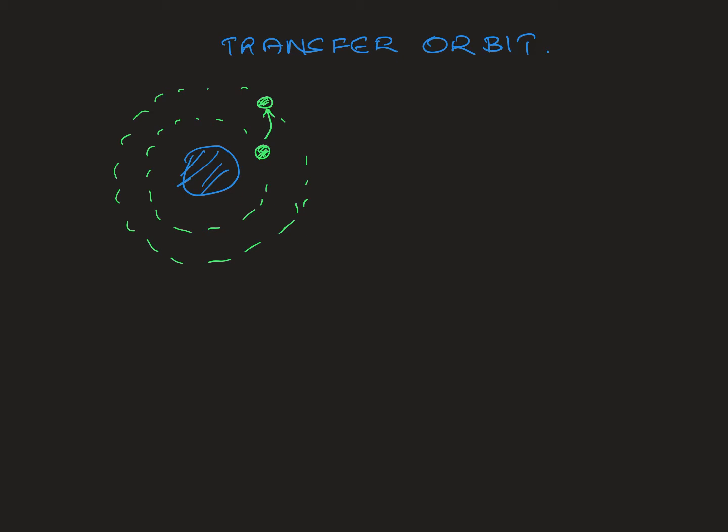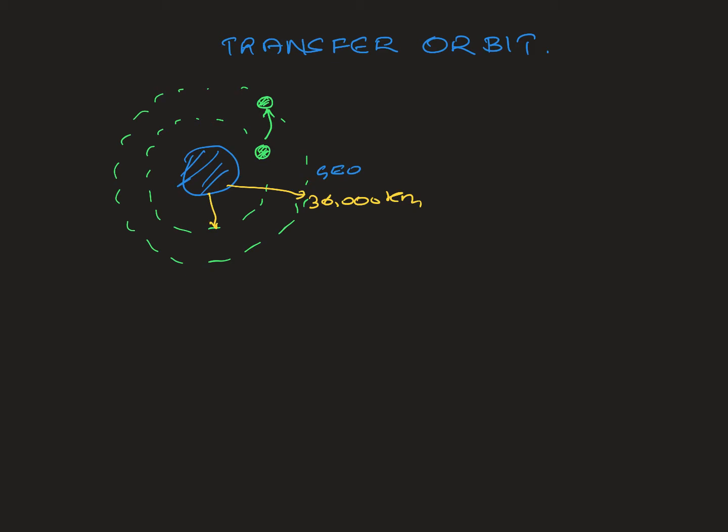For instance, if we want to launch a GEO satellite, which is a geostationary satellite, that is at an altitude of 36,000 kilometer. To launch the GEO satellites, what we do is we launch a satellite as an LEO, which is the low Earth orbit satellite.